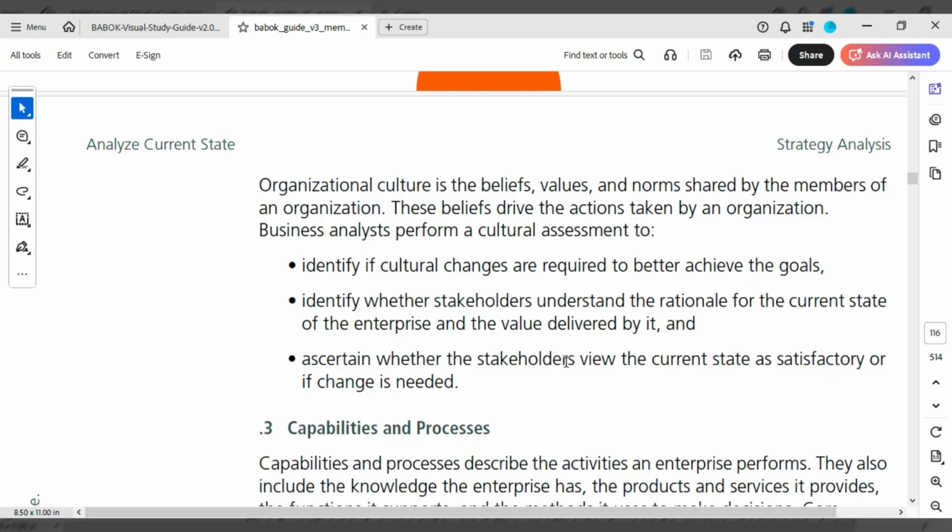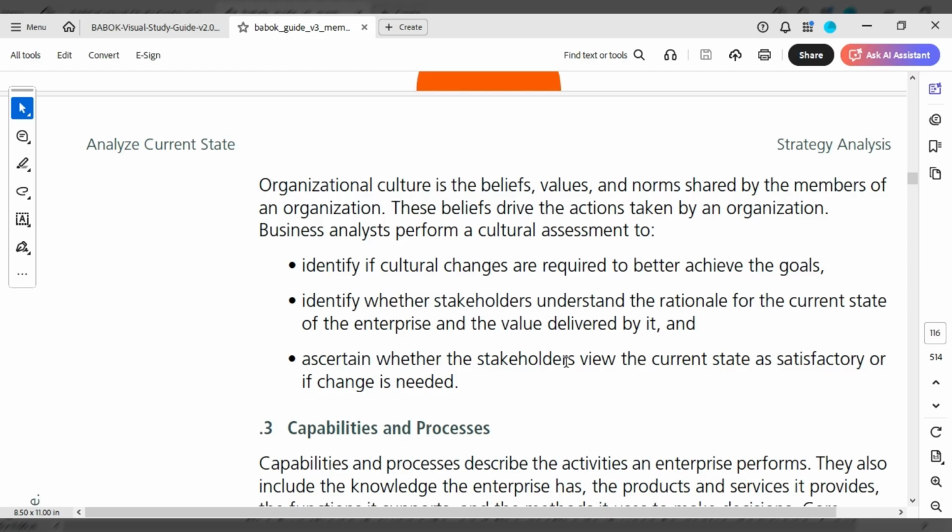Organization's culture is the belief, values, and norms shared by the members of an organization. Very important. These beliefs drive the actions taken by an organization. Business analysts perform a cultural assessment to identify if cultural changes are required to better achieve the goals. Yes, for example, there are some projects you bring forward and you weigh the cultural structure of the organization and be like, oh, they may not really like this, it may be difficult to implement.